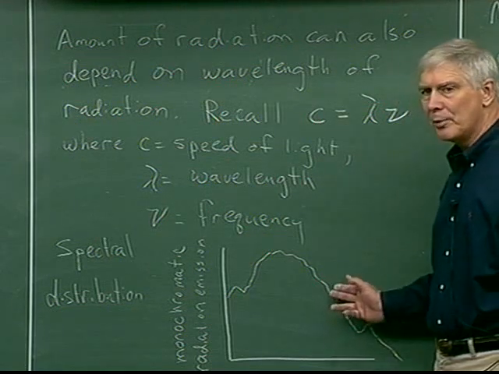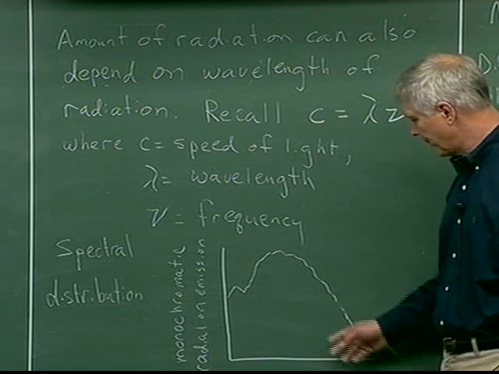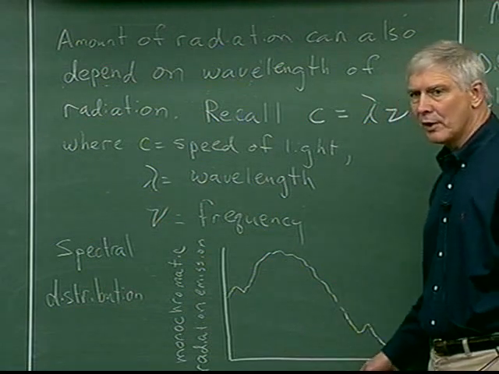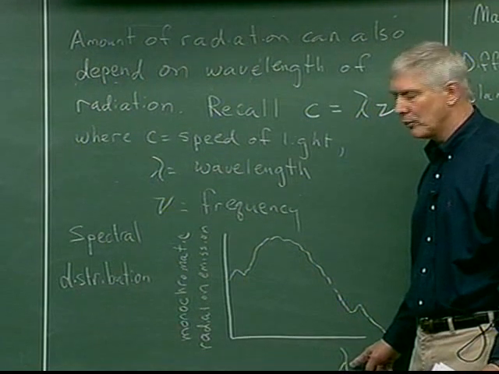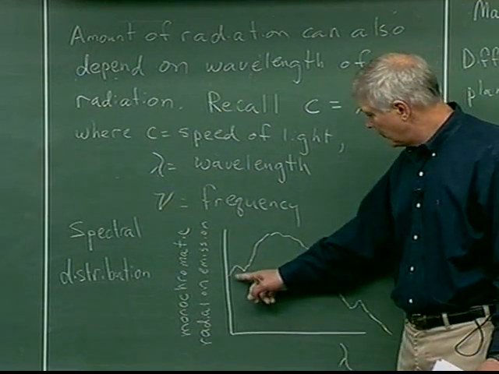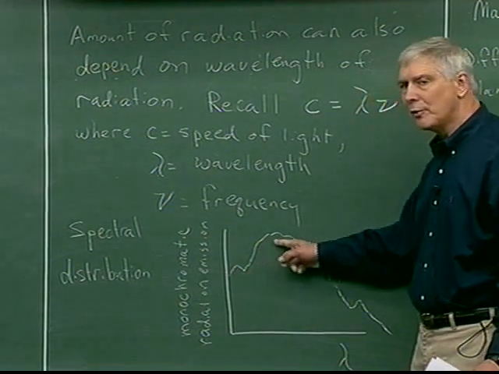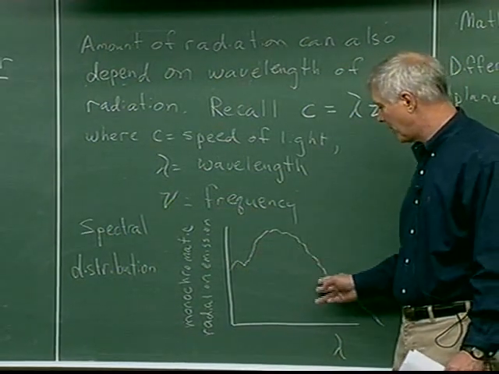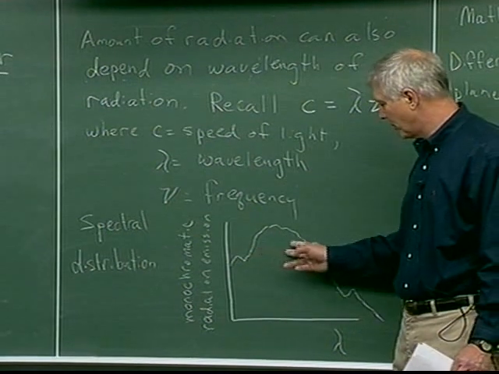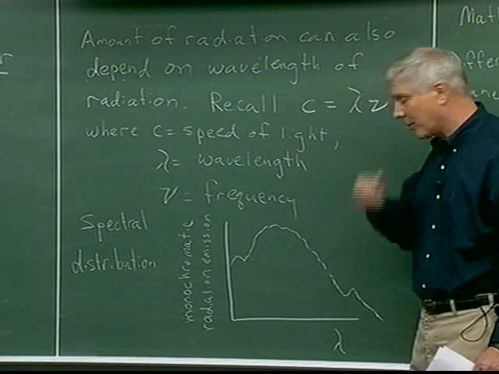This is just an arbitrary spectral distribution right here. We have wavelength down here on the horizontal axis. You can see it doesn't necessarily have to be a smooth curve. It depends on the surface, how well it emits at the different wavelengths. So this is just an arbitrary curve right here.